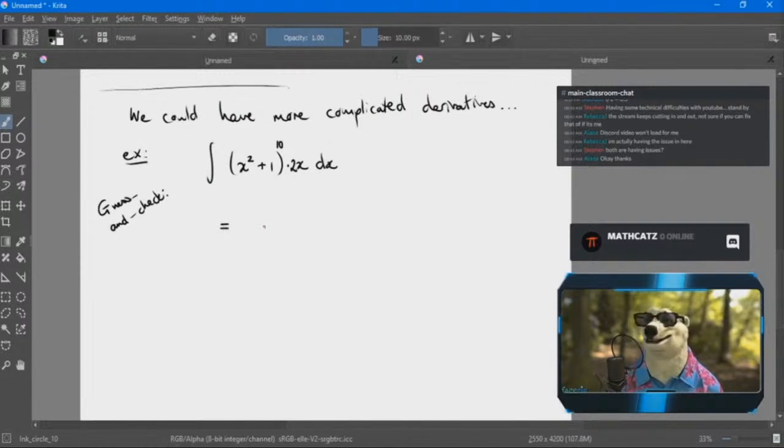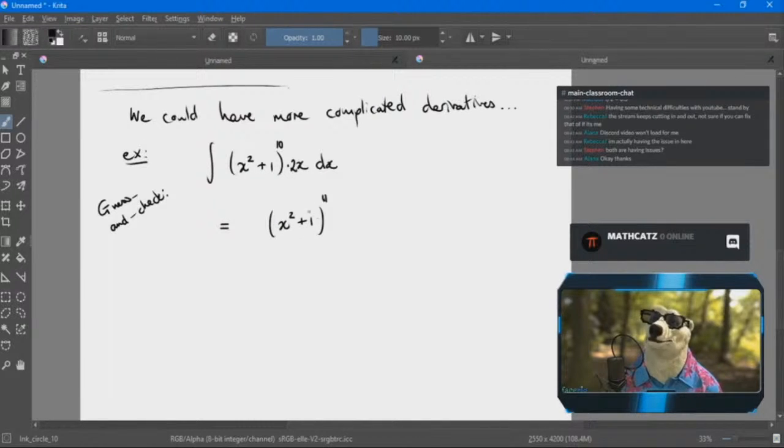I'm going to guess that I'm going to need x squared plus 1 to the 11. I'm going to have to get that. How else am I going to get this bracket to the power of 10?